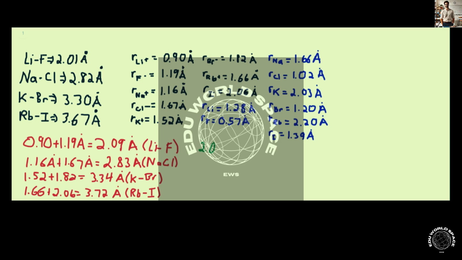So 2.01 minus 2.09 is equal to minus 0.08 angstroms.